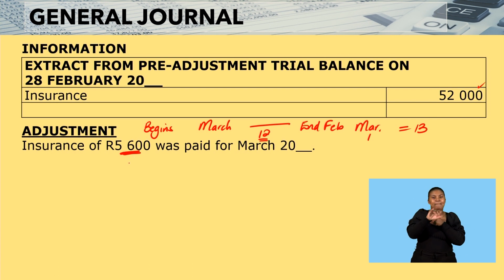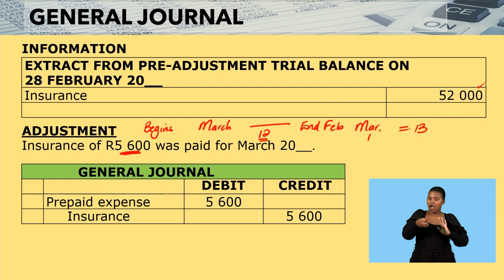So if insurance was paid for March of the following year, we have a prepaid expense to consider, and we should be able to record that in the general journal. The 5,600 is a prepaid expense. We would therefore debit prepaid expense 5,600, and credit insurance 5,600.